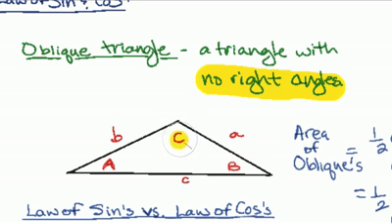And notice that the angle is always the same letter as the opposite side. One of them is uppercase and the other one's lowercase. Sometimes you might see Greek letters with these where A is alpha, B is beta, and C is gamma.